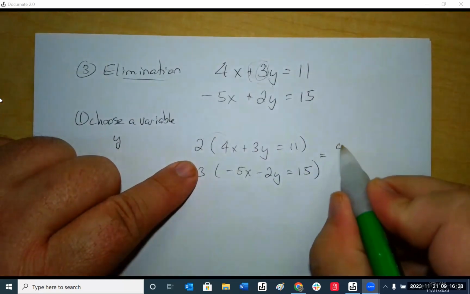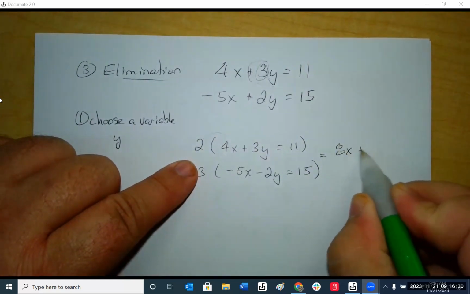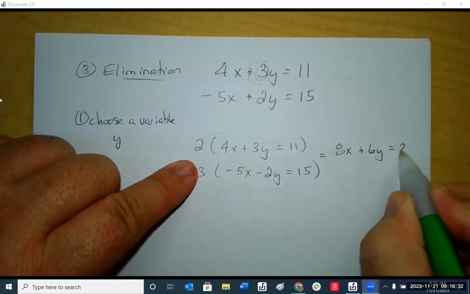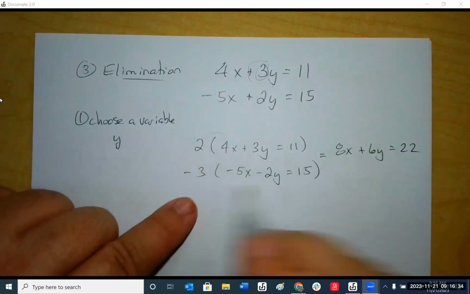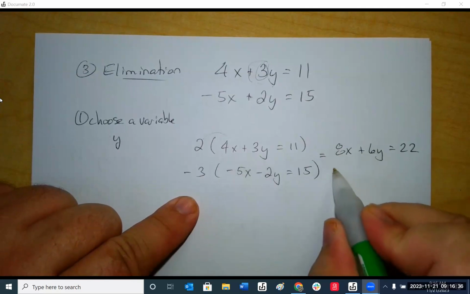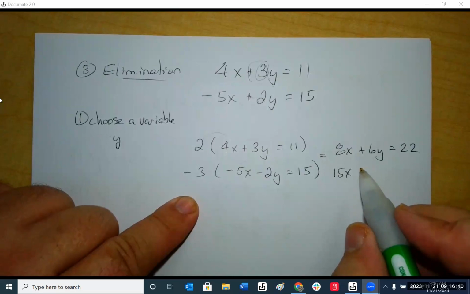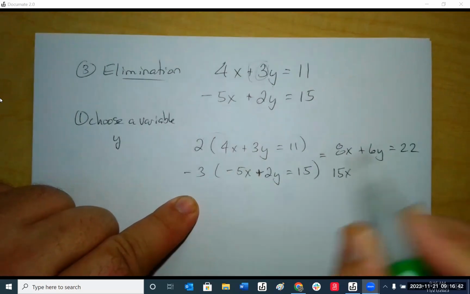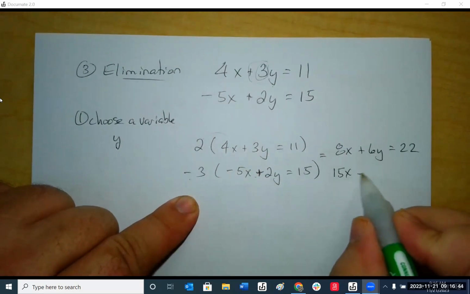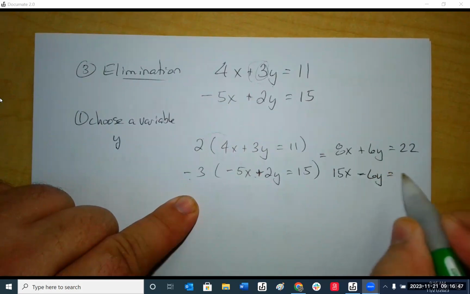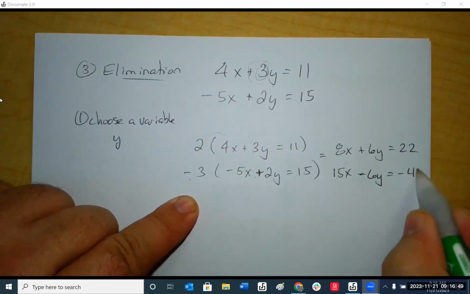So that'll give us 8x plus 6y equals 22. Negative times negative is positive 15x, that's a plus. Negative times positive is a negative, 3 times 2 is 6y. -45.